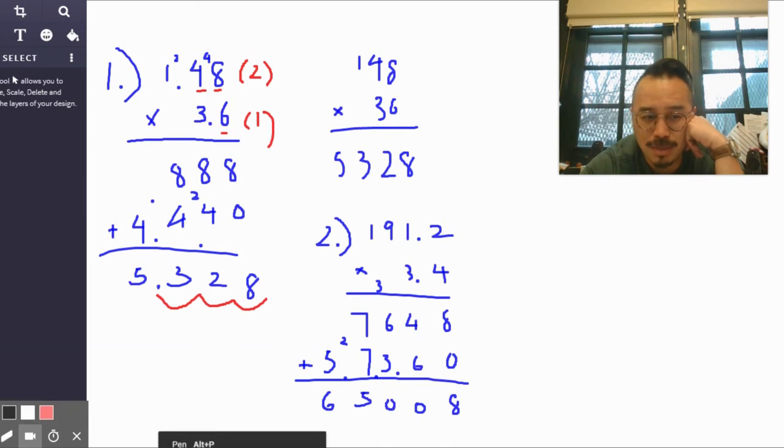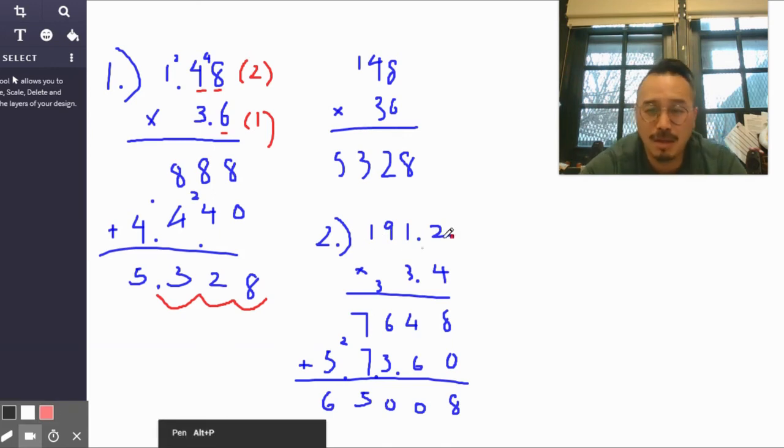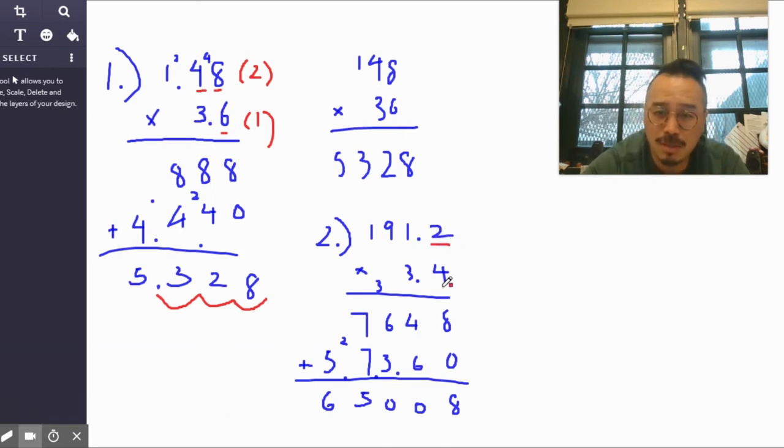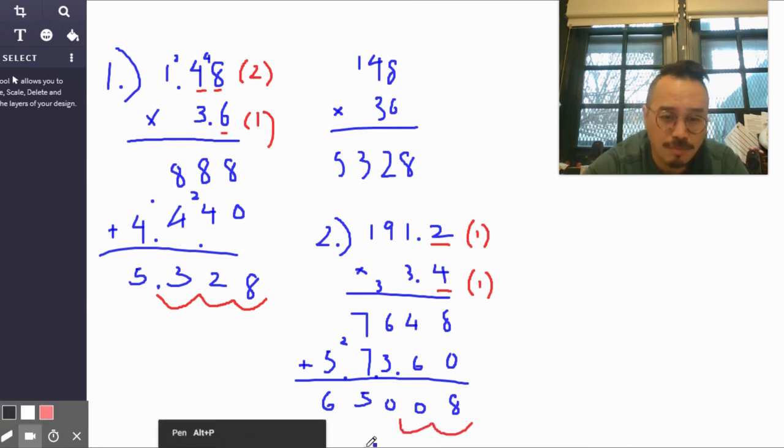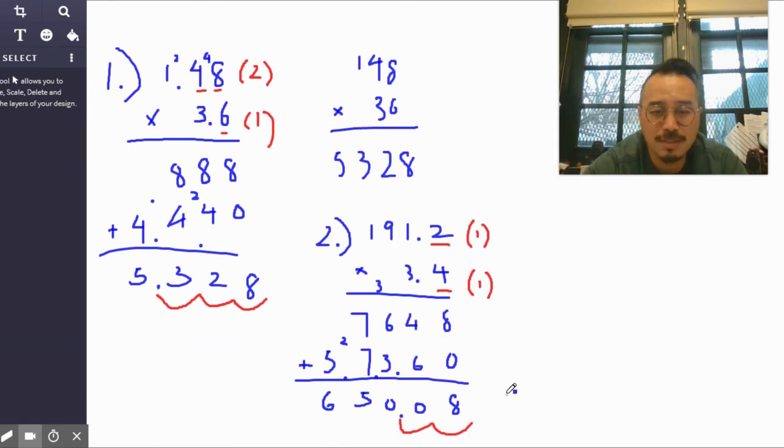But that's not what they're saying, right? The question is how many decimal places there are. So here we got 1 behind the decimal place. We got 1 behind the decimal place again. So that's 2 total, right? 1, 2. And there you go, 650.08.